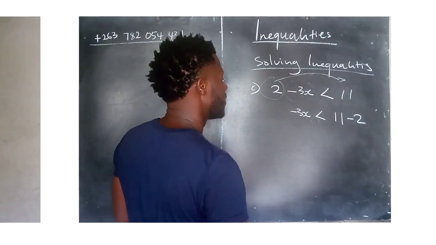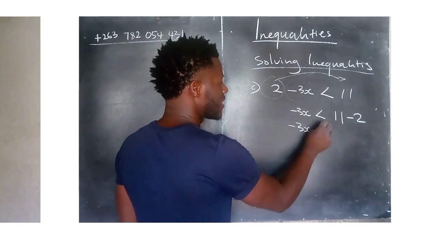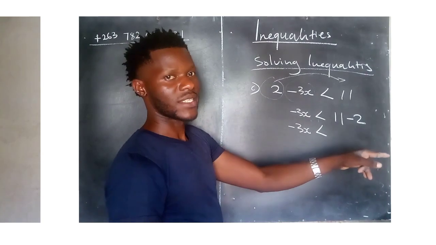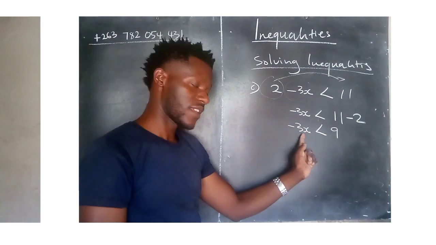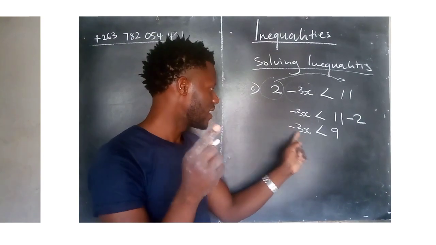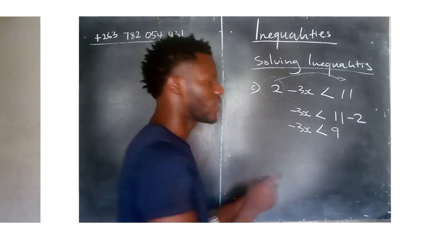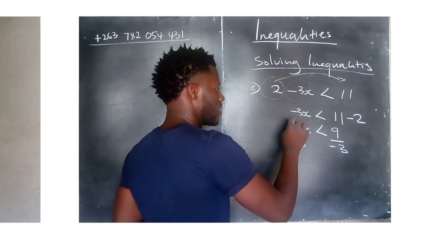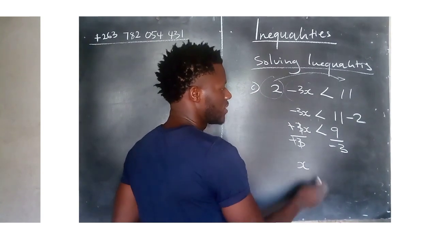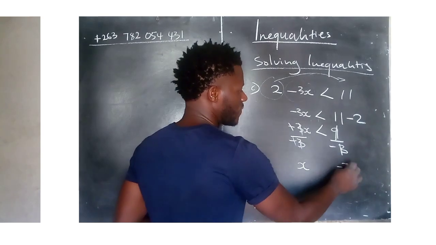Now minus 3x is less than 11 minus 2, we get 9. Now we want to get positive x, so we must divide both sides by the negative coefficient, negative 3. Then you cancel, x is on this side, and we get negative 3.